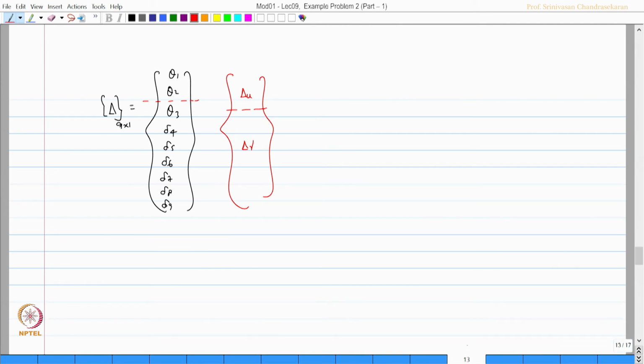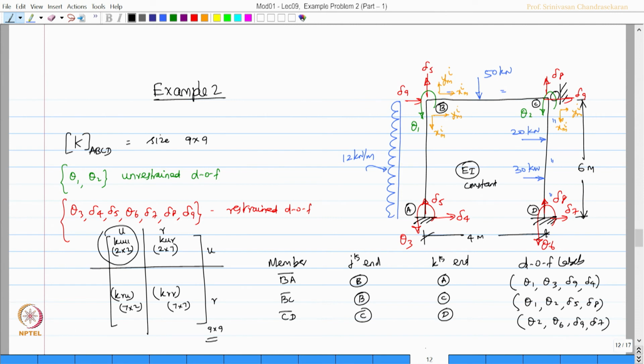Also, for the member AB, let us try to find this 4 EI by L value. We need the rotational constants, which is going to be 4 EI. Let us take the EI value for this member is 2I, this member is I and this member is 2I.